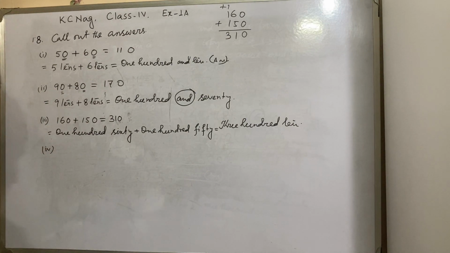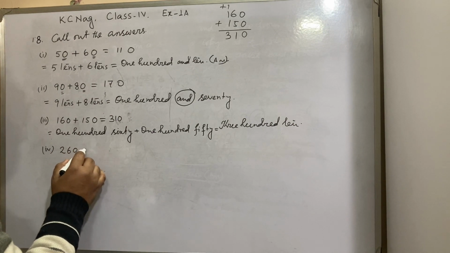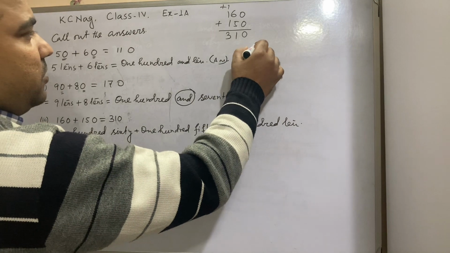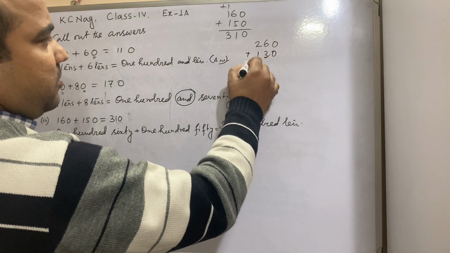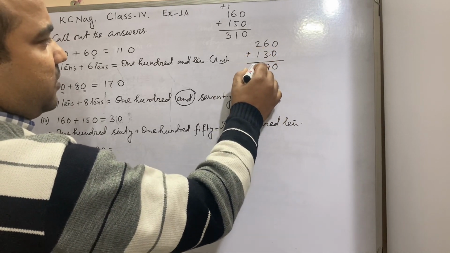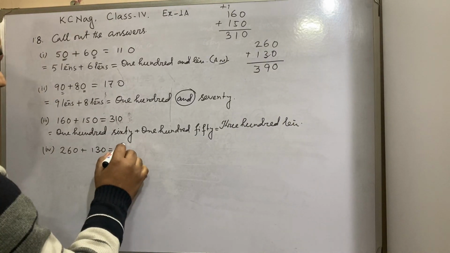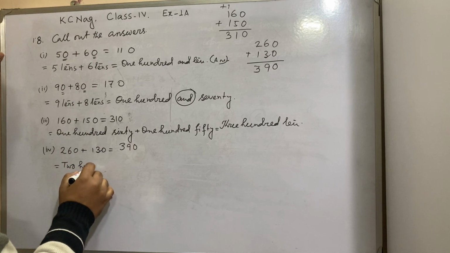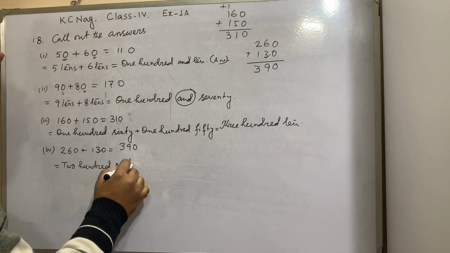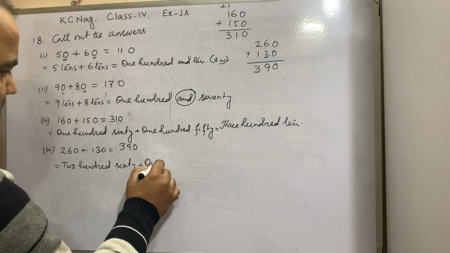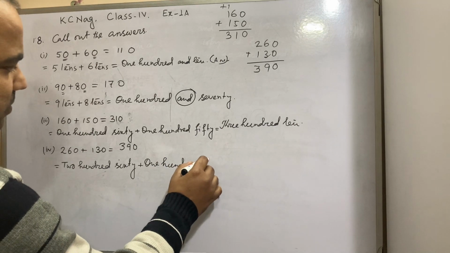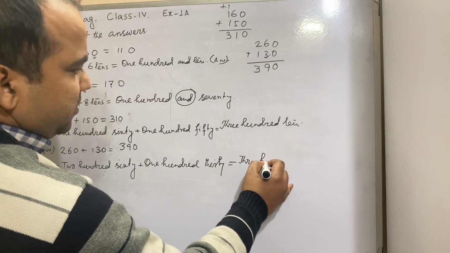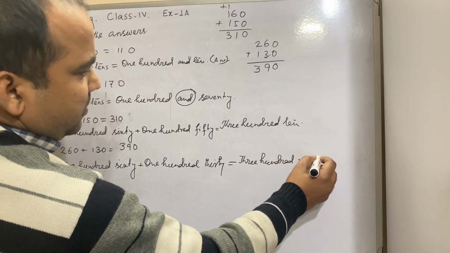Question number 4. 260 plus 130 is equal to. 260, 130, plus. 0 plus 0, 0, 6 plus 3 is 9, 3 plus 1 is 2, plus 1 is 3, that is 390. 260 plus 130 is equal to 390.